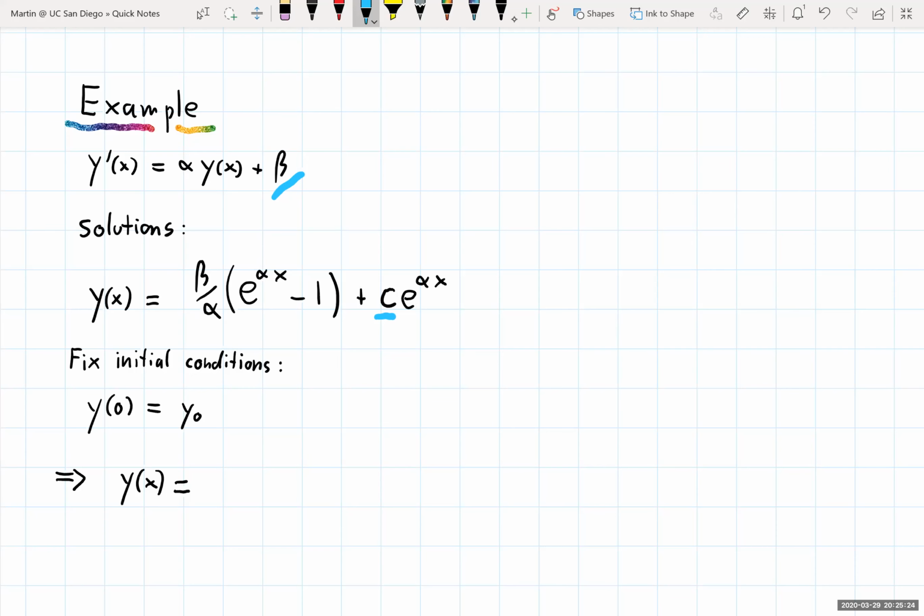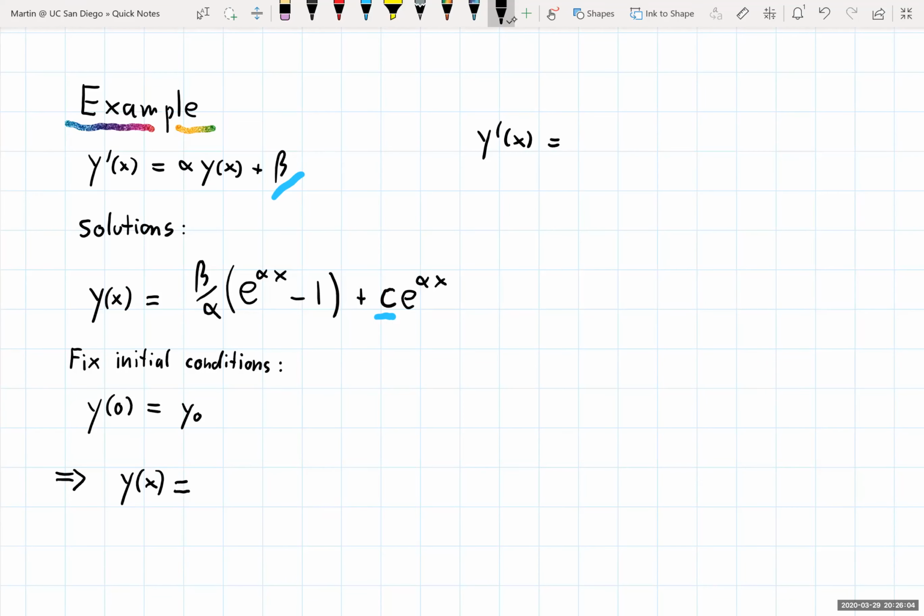Now let's check that y of x is actually the solution to the differential equation, which at first looks a bit scary, but actually it's fairly simple. One good idea is the following. Let's first compute the derivative, y prime of x.